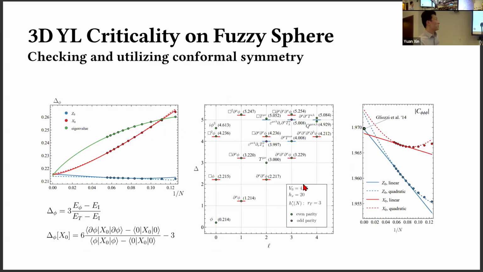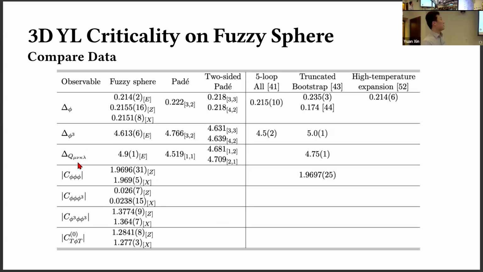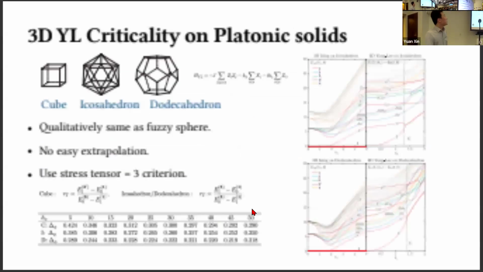We can also measure a bunch of OPE coefficients using the matrix elements on the fuzzy sphere. In the end, we get a big table with basically everything we can get about the lowest primaries and also this state 4 primary. They are mostly accurate to the second or even the third digit, so it's a big improvement from previous methods.